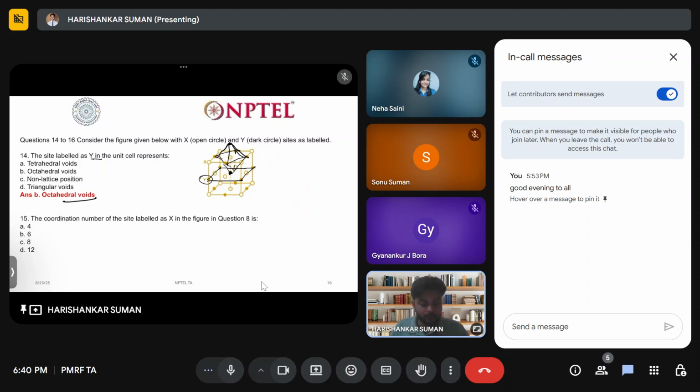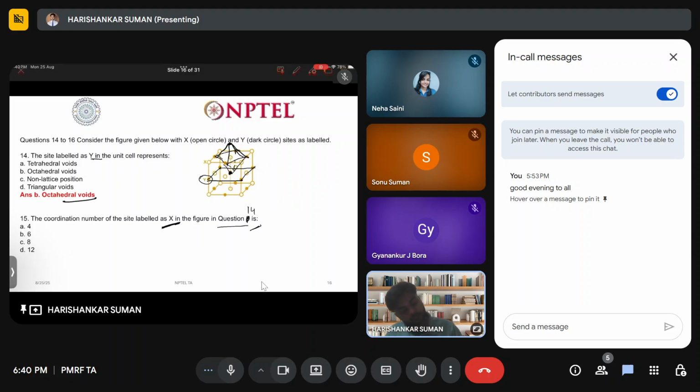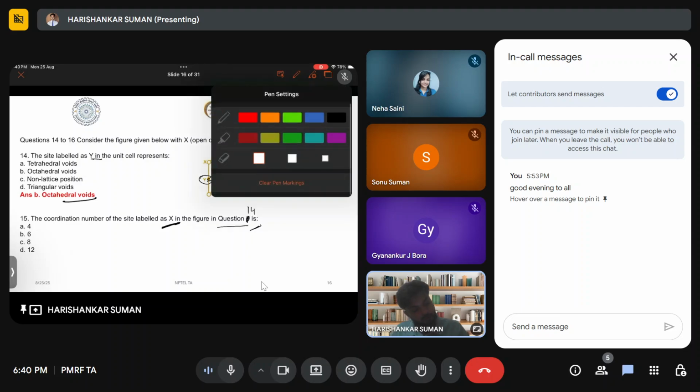Okay. So next question. The coordination number of the site labeled as X in the figure. This is our first question, 14. Options: 4, 6, 8 or 12.